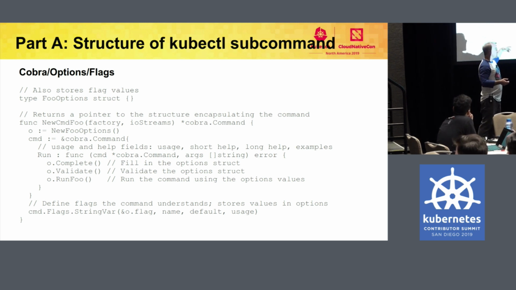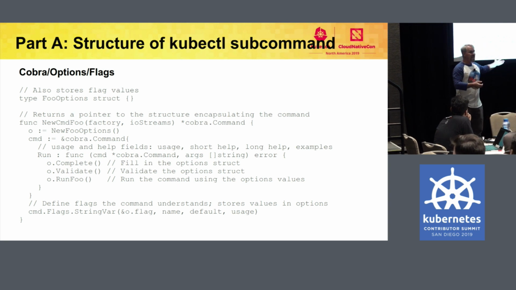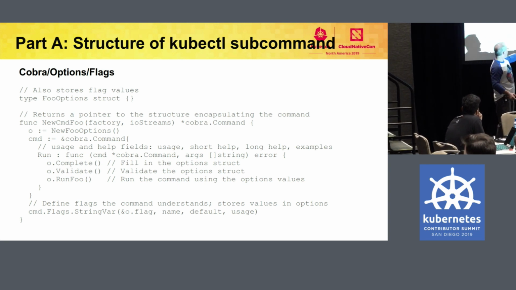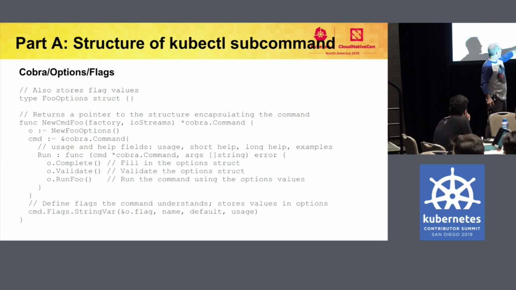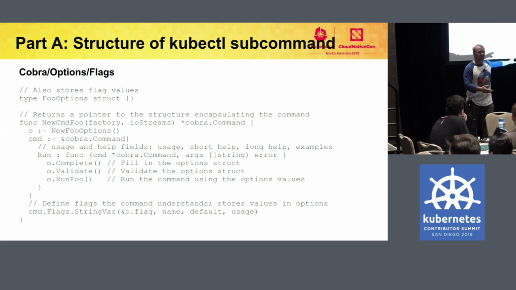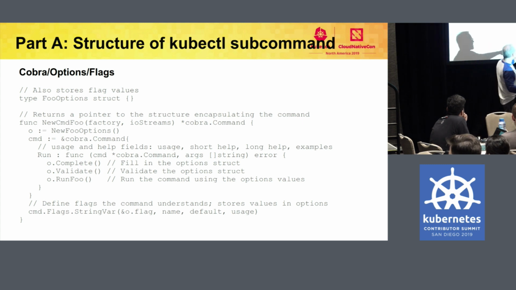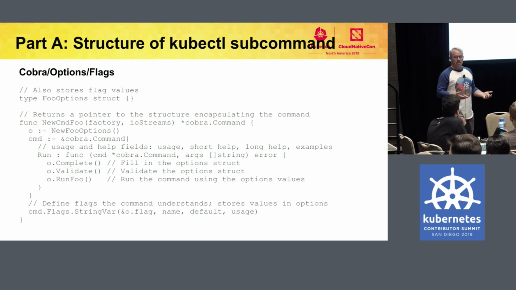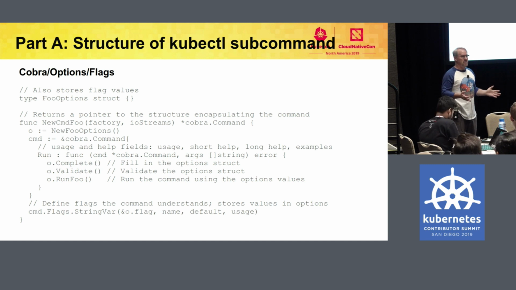You could declare a particular variable, and right here where it gives an address of a particular flag, that means that whatever the value is, it's being copied into that particular flag. You have the name, the default, and then you have some usage. So many of these different commands are going to look very, very similar. They're all going to have this particular structure.